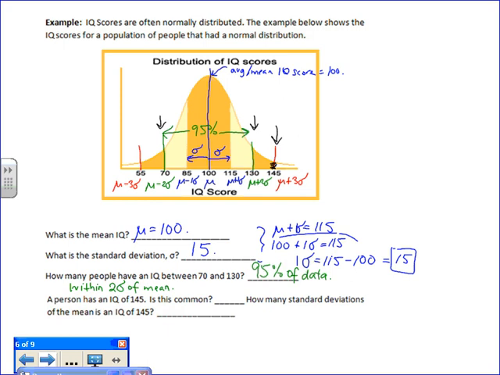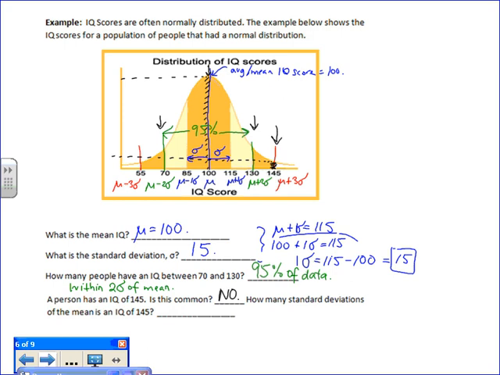That's a very, very small number of people, compared to 100, for example, where there's lots and lots of people. The frequency of people here, if I came over here for a minute, the frequency would be quite high. The frequency for 145, if I came over here, would be quite low. So very few people have an IQ of 145. That's quite a high IQ score. So the answer is no, this is not common.